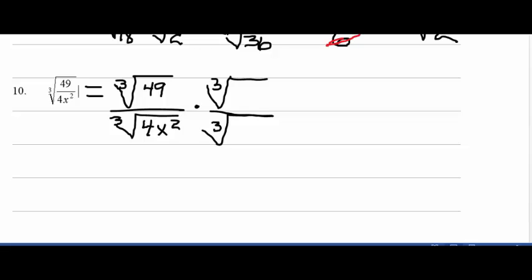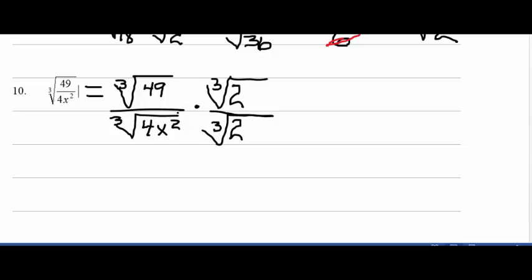So I'm going to use the smallest possible factor over itself. And I notice that 8 is a perfect cube, so if I multiply 4 times 2, I'll get an 8.